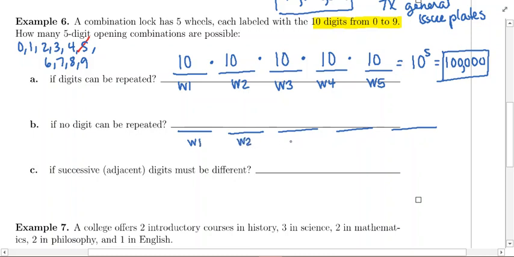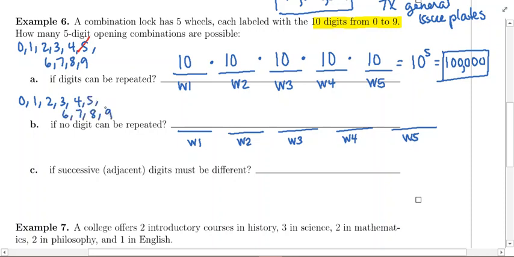But now we're going to have to change things up a bit. There's a little bit of a restriction here. You can't repeat digits. So we're going to go to each blank and fill in the number of possible choices for digits for each wheel. Again, we're choosing from 0, 1, 2, 3, 4, 5, 6, 7, 8, and 9.